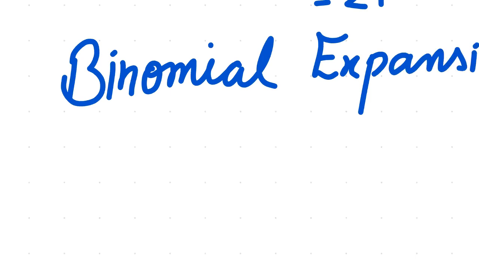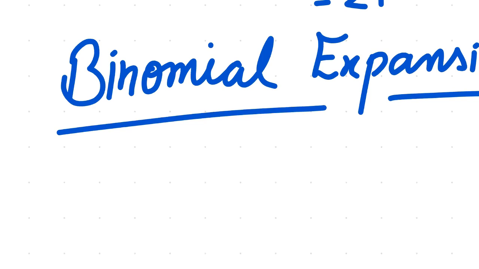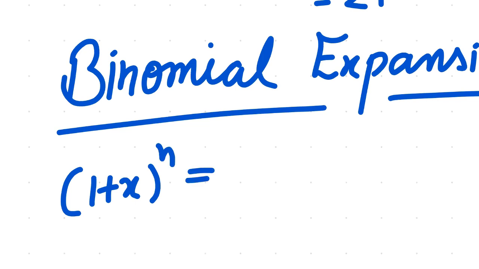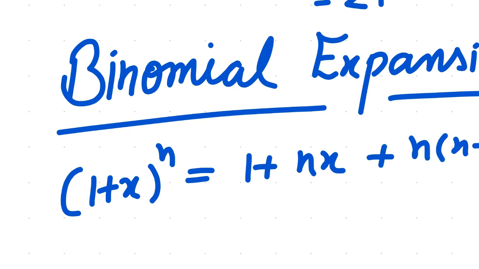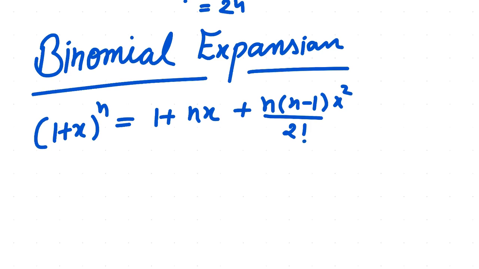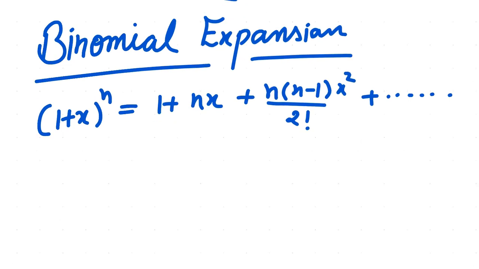Binomial expansion is when we have 1 plus x to the power n, it is equal to 1 plus n into x plus n into n minus 1 into x square by factorial 2, and plus up to so on. This is the formula. Yes, ma'am. Okay. So now let us do this ninth question.